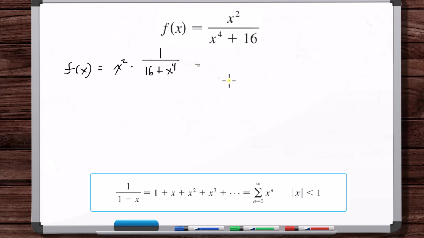So, okay, we need to make a 1 here, so we've got 16, and then 1 plus, okay, so this is x squared, and then you've got 1 minus x.